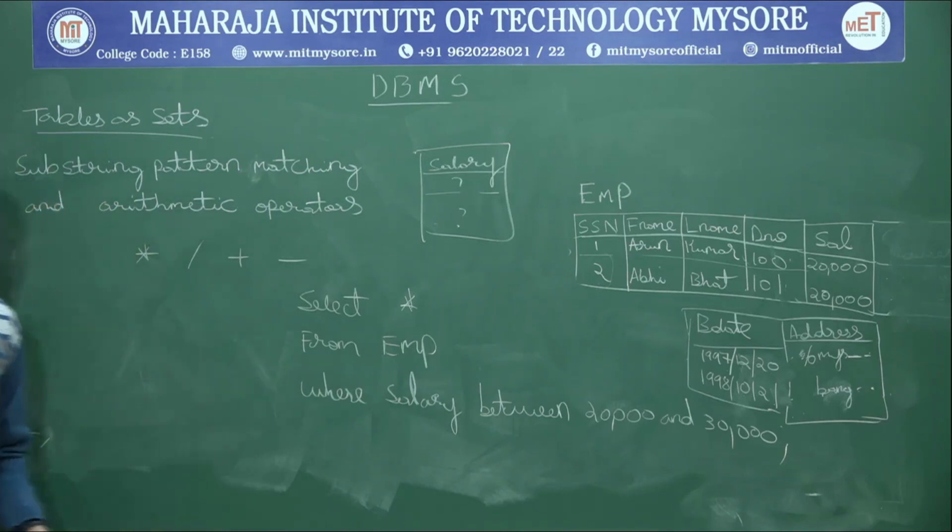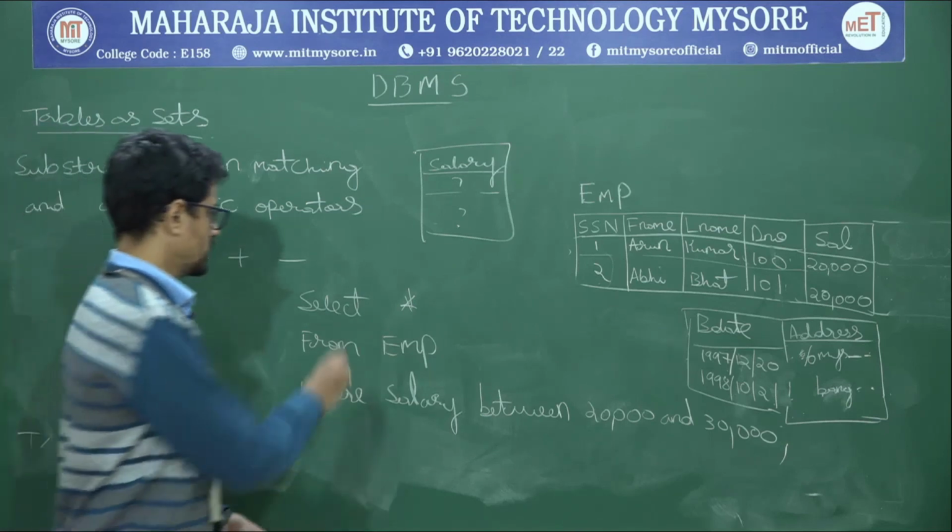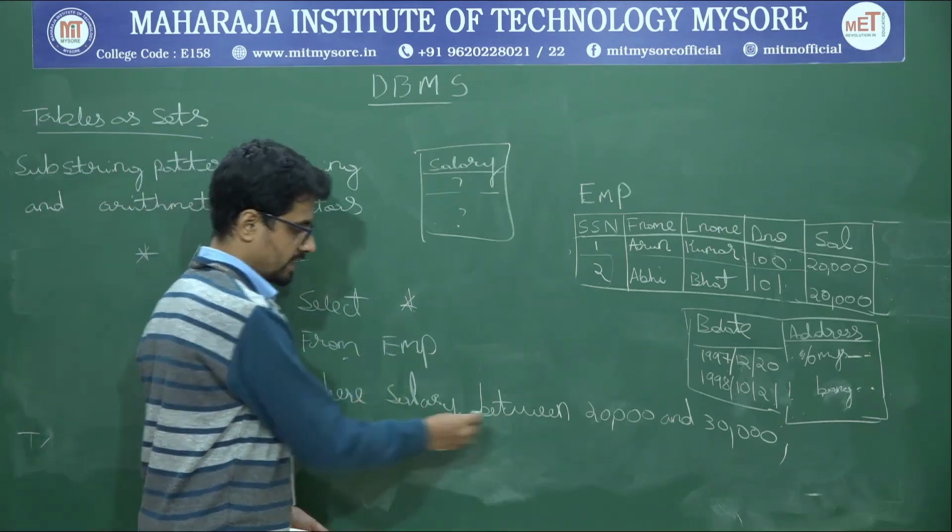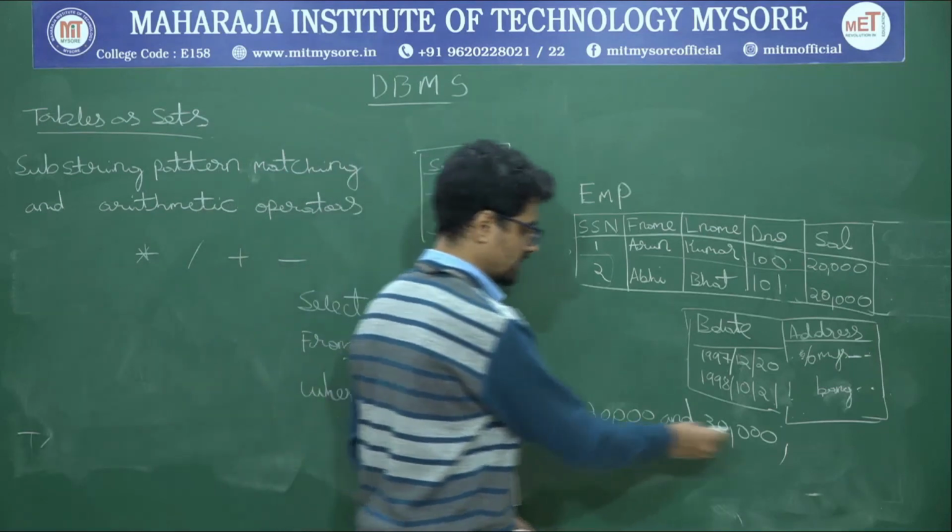So this is the query written in the case of the between operator. What I am saying here is select star from employee where salary between 20,000 and 30,000.